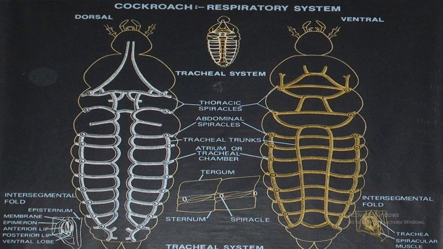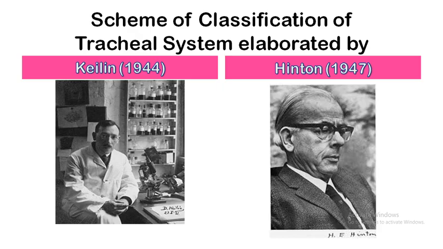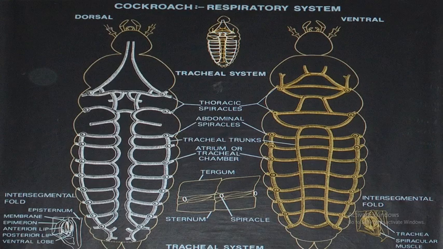So you might have seen the respiratory system structure of cockroach. Here you can see the tracheae. This is the dorsal side, means on the upper side of the insect. Here you can see the thoracic spiracles, 1 and 2, means meso and metathoracic spiracles.